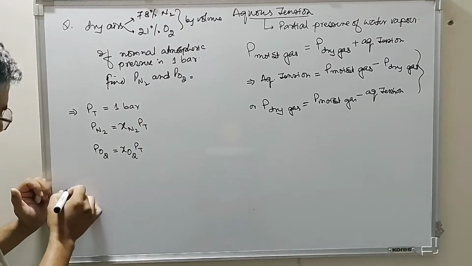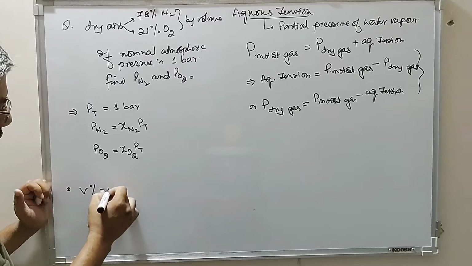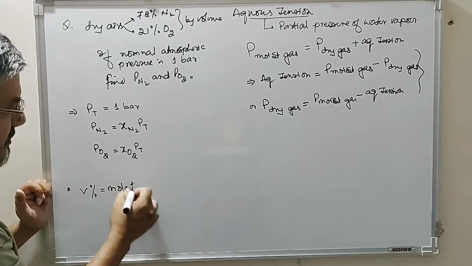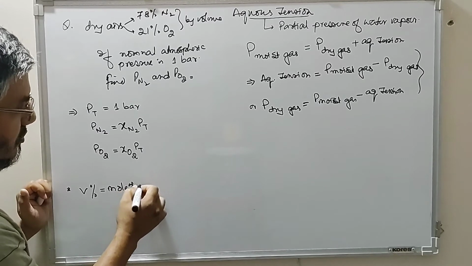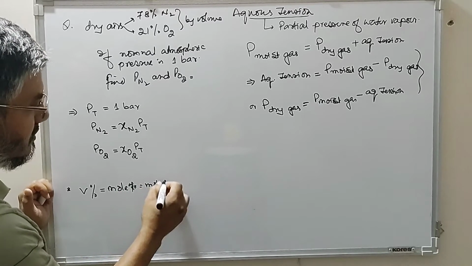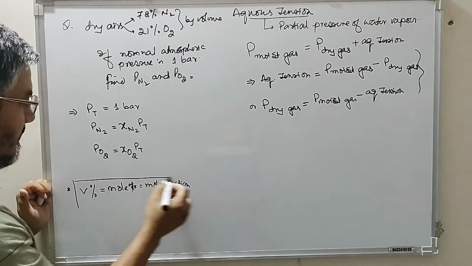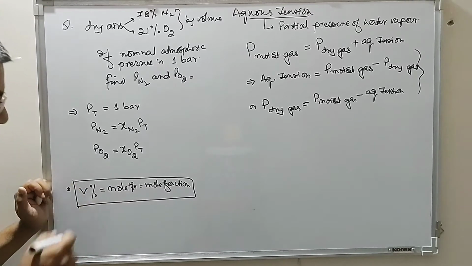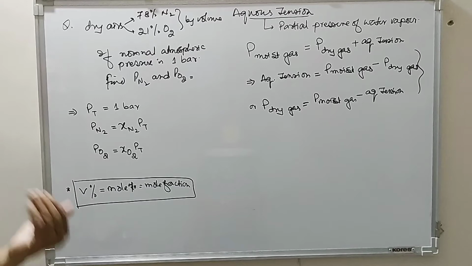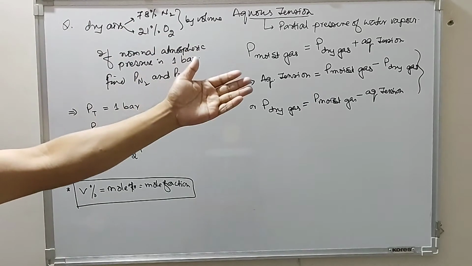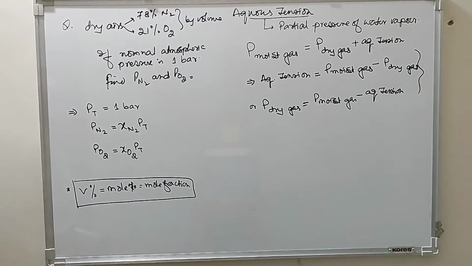Volume percent is equal to mole percent, which is nothing but the mole fraction. Please keep this in mind. Just to confuse, this is given in terms of volume percent, but this volume percent is equal to the mole percent, or mole fraction.